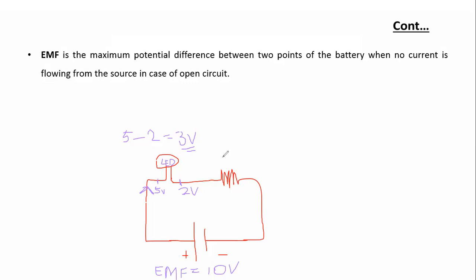Next, this 2 volts is coming to this further load applied, and you measure that the voltage remaining after passing through this resistance is, let's say, 1.5 volts. So the voltage consumed by this load resistance was 0.5 volts.